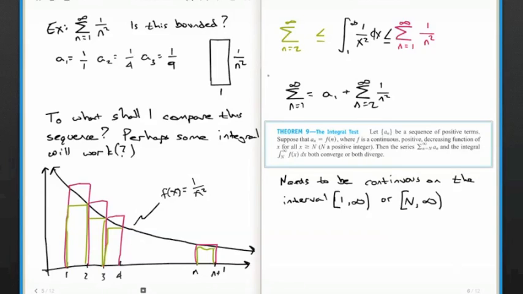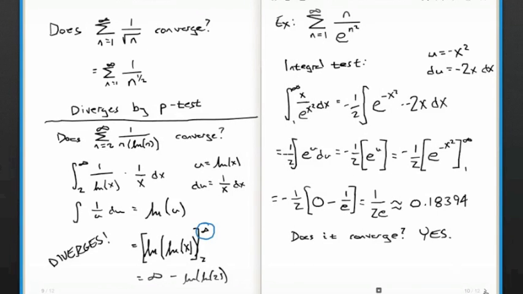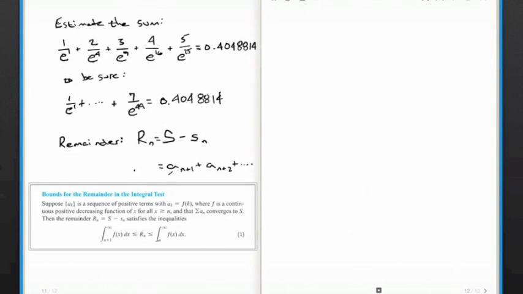The red represented something that was greater than the actual integral, so that would be the n. If I start at n, it gives me something bigger. If I start at n plus 1, it gives me something smaller. So it makes sense that my remainder will be in between the smaller estimate and the bigger estimate.